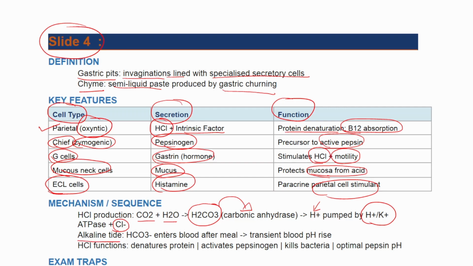The physiological movement of bicarbonate into the bloodstream after a meal creates a transient blood pH rise termed the alkaline tide. And as we have talked about, HCl functions are denaturation of protein, activation of pepsinogen to pepsin, killing of bacteria, and setting up optimal pH for pepsin activity.